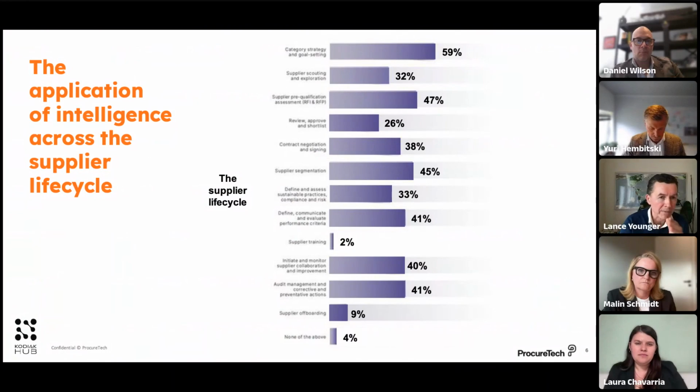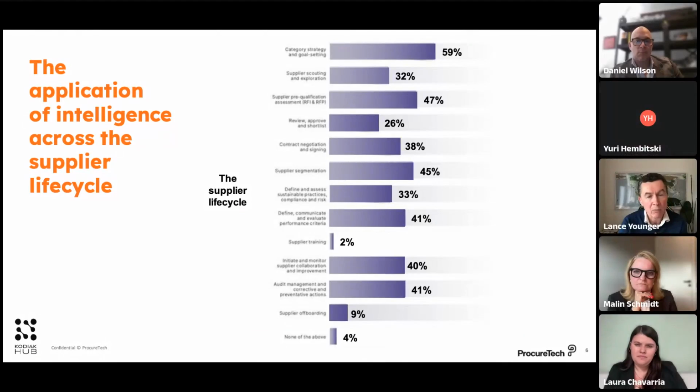It goes from the top of the cycle, from category strategy, all the way through to sourcing and supplier offboarding. And when we asked the respondents where they apply intelligence and data the most, what was quite positive is that the responses we got from over 100 different people were fairly representative of what we'd have expected.